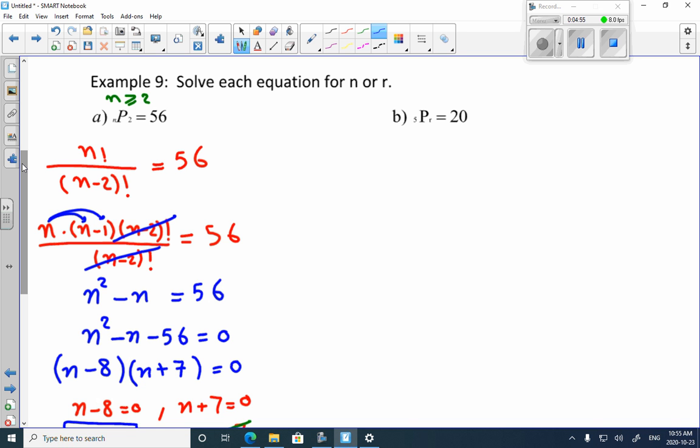Now, the second example could be a little bit confusing, so please pay close attention to what we're going to do here. This 5P r is going to be 5 factorial at the top, and at the bottom, I have 5 minus r factorial, and that's equal to 20.